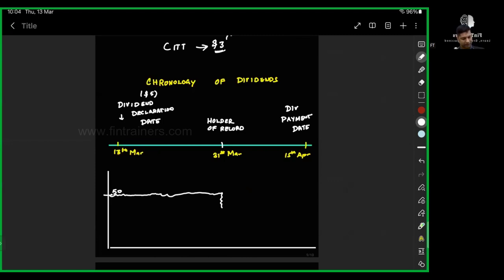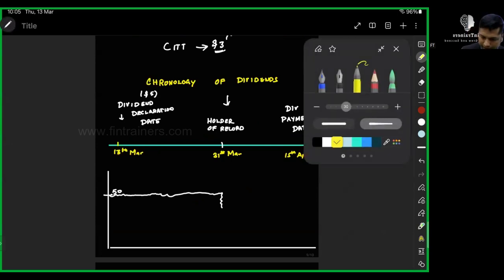Is the holder of record the right date? No, because if I purchase on the holder of record date, I won't get access to the shares that same day. In most countries, the settlement is T+2 or T+1. So you have to buy it 2 days or 1 day before for it to be reflected in your name, in your account. Yes, so that is called the ex-dividend date.